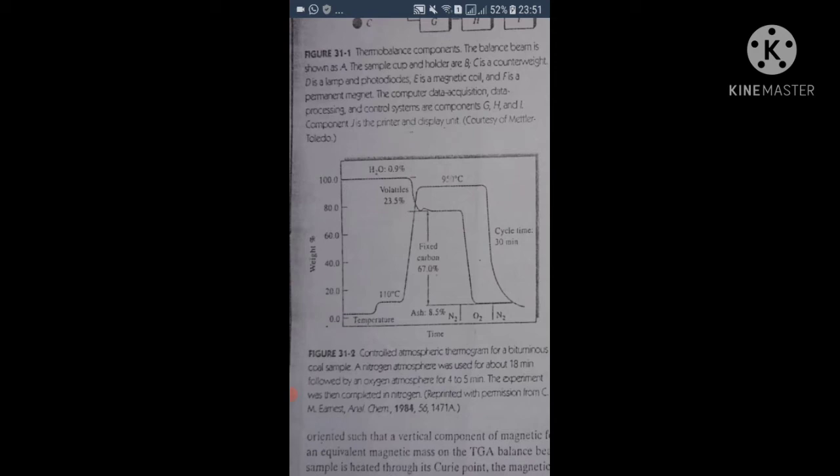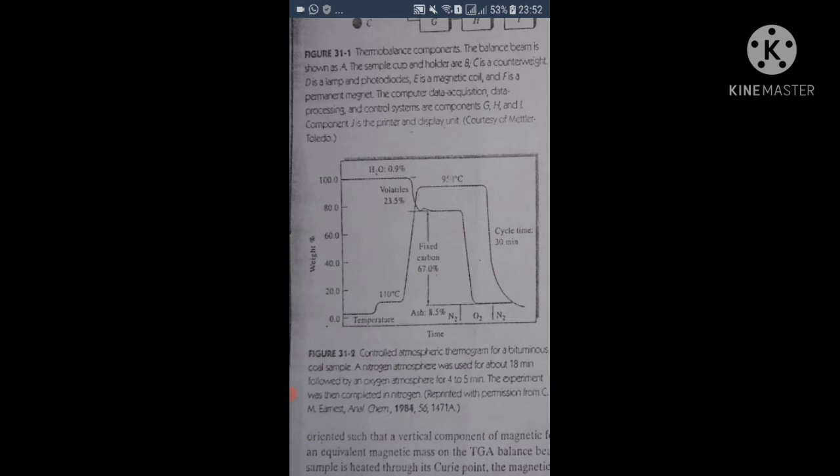I think we have discussed in our previous lectures that coal is very important for industry, for thermal analysis, to provide heat and energy to your processes. It is the cheapest, and its availability is also easy.